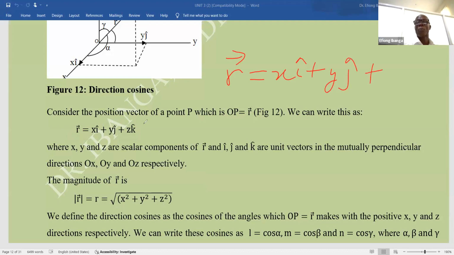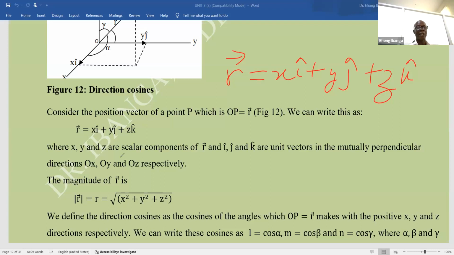And then I turn around and move Z units in the Z direction. All right? So that's what it is. So it means X, Y, and Z are the scalar components of the vector R in the X, Y, and Z directions. That's what it tells us. So I've explained that.